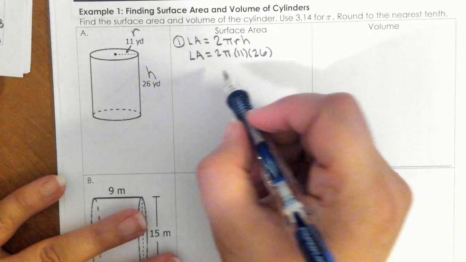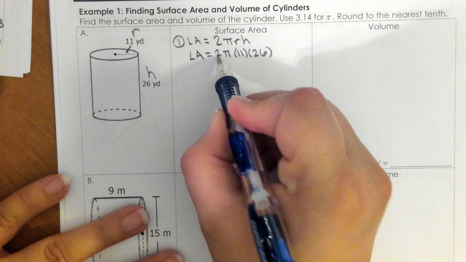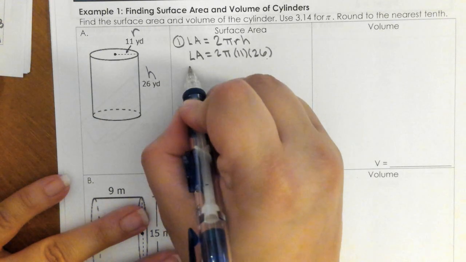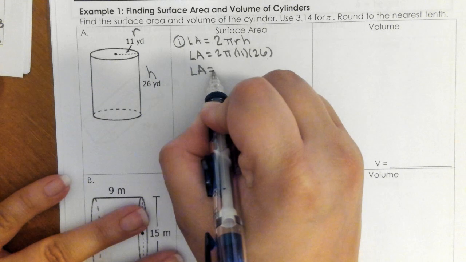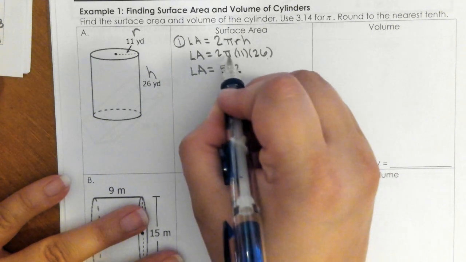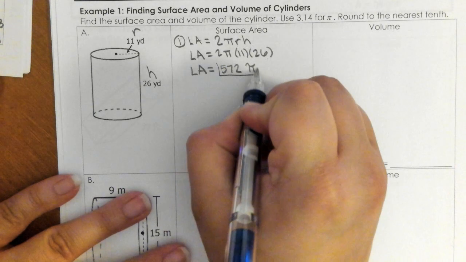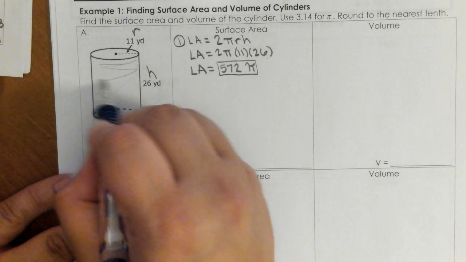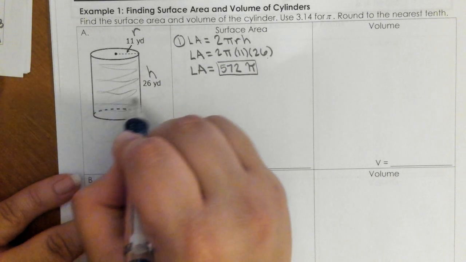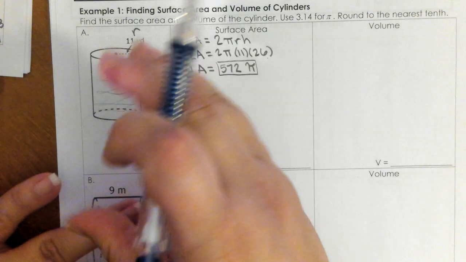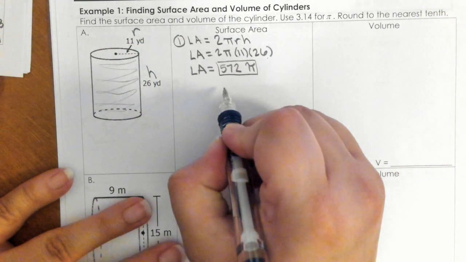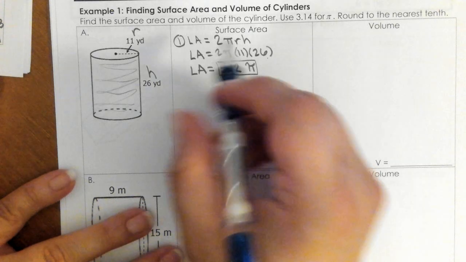In terms of pi means you just multiply the 2, 11, and 26 together. And that gives me 572. And I bring the pi down. Okay, so here is what I know. That whole middle part there, if I take it off, turns into a rectangle, and that's the area of that rectangle.